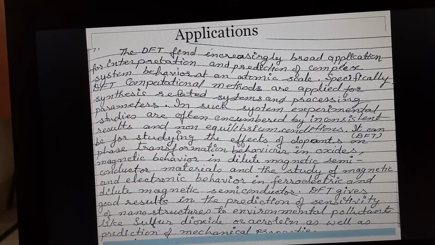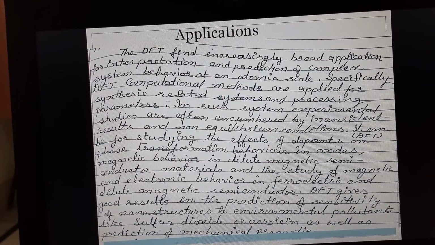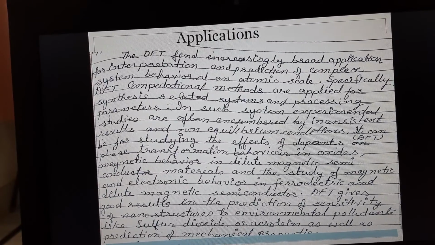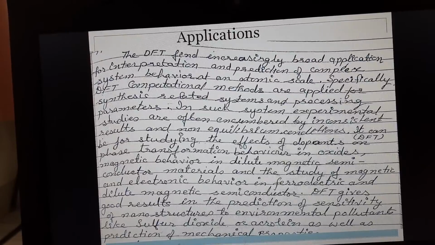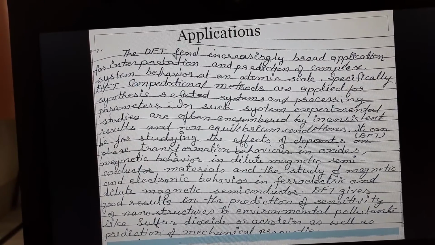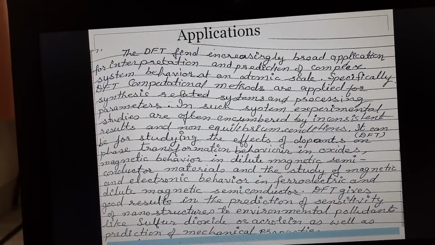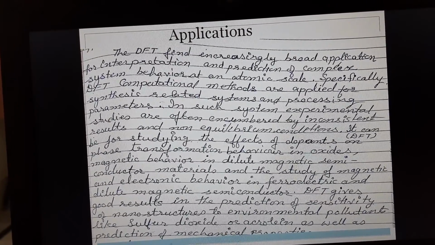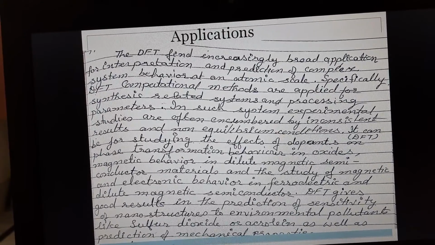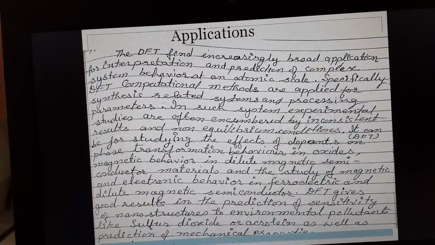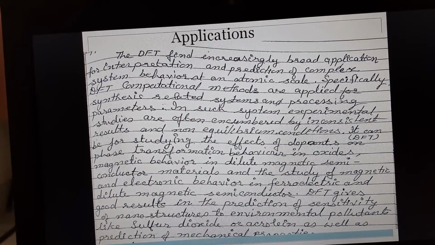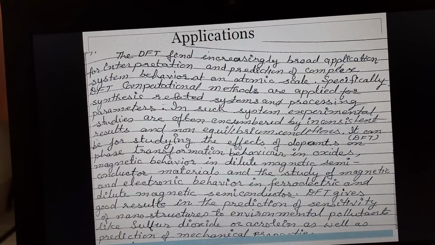KS theory can be applied in several distinct ways. The LDA is still commonly used along with plane wave basis sets, as an electron gas approach is more appropriate for electrons delocalized through an infinite solid. In molecular calculations, however, more sophisticated functionals are needed.